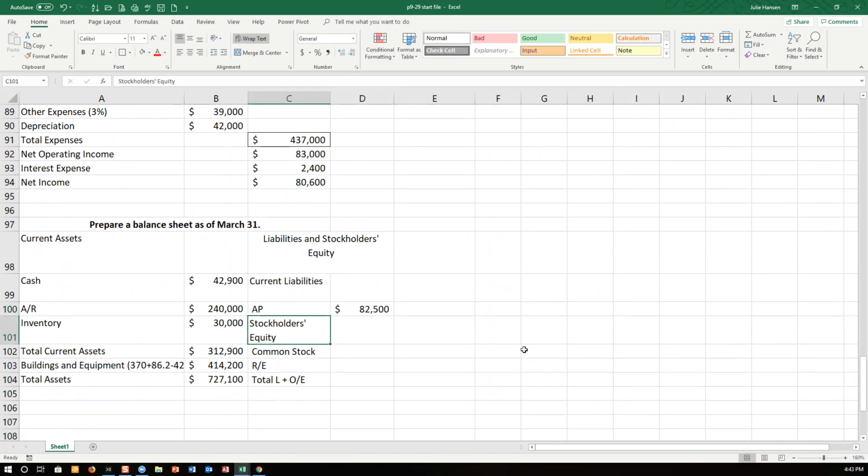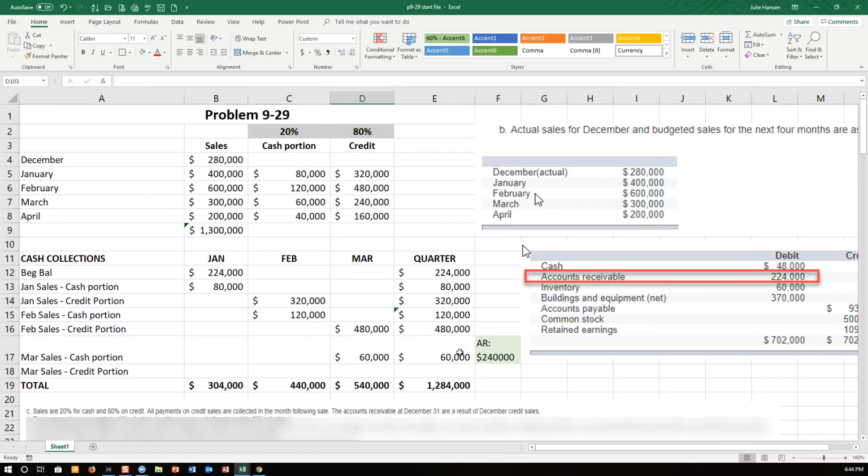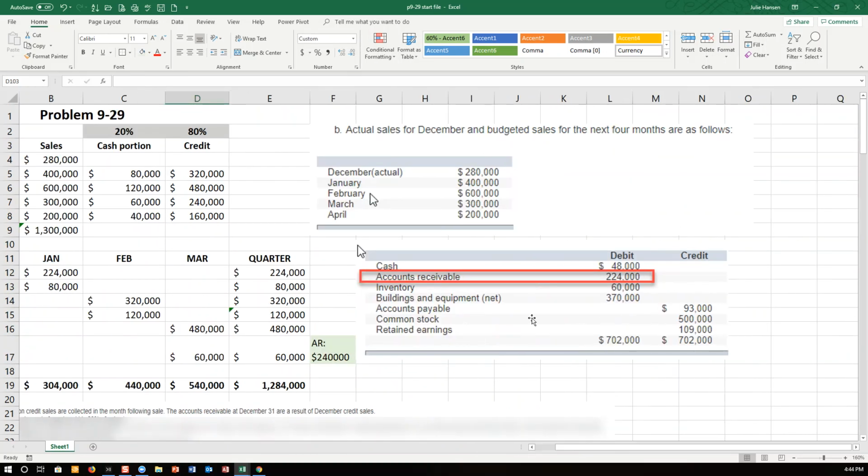It said that we had common stock of $50,000, and our retained earnings is going to be whatever our ending retained earnings was, which was $109,100, and then we're going to add in our net income.